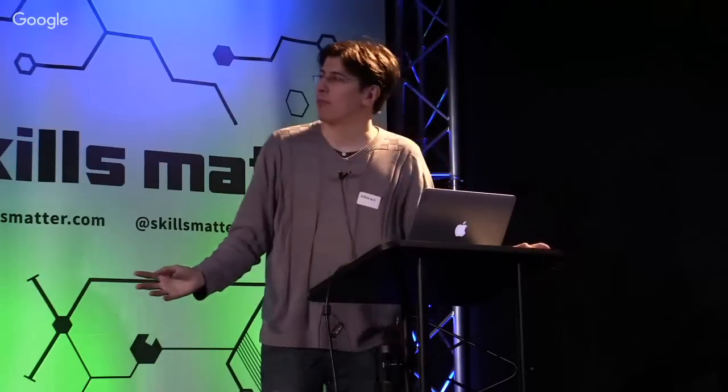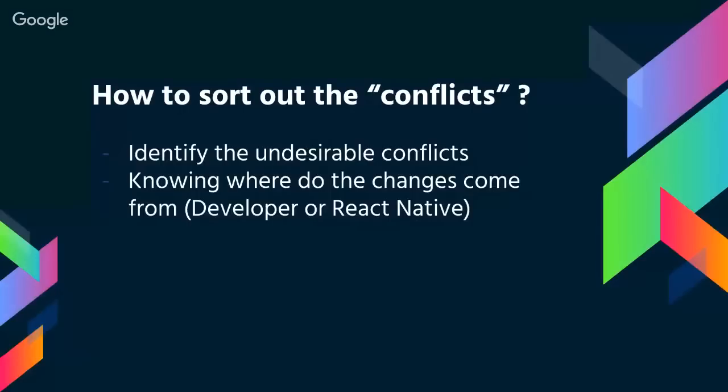Okay. For those who experienced the React Native upgrade, did I describe the situation well? Nightmare it is. Let's try to improve the situation. There are two problems, I think. We should be able to avoid, or at least identify, the undesirable conflicts. I mean, this situation and this one, where a human decision is not necessary.